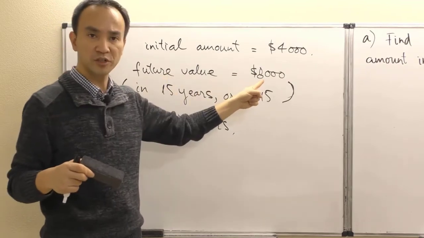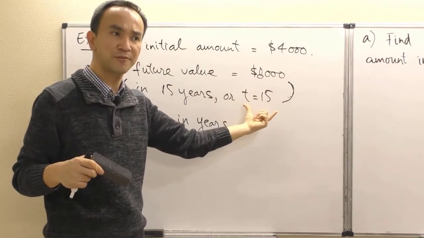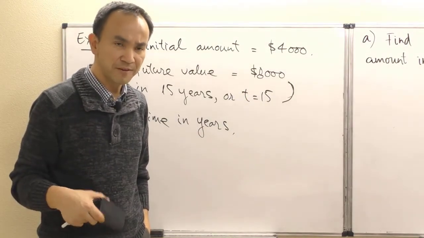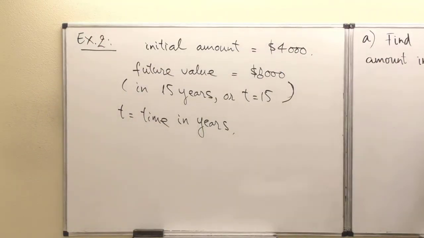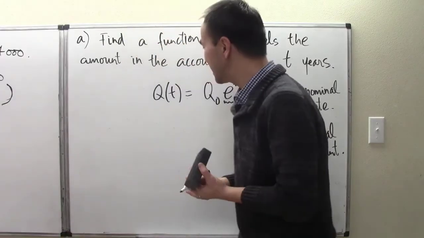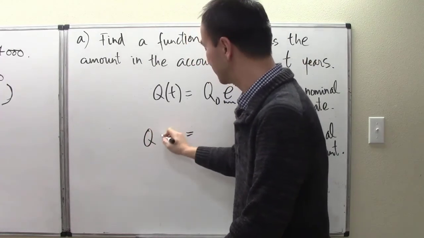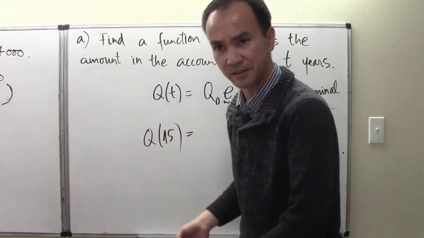This is a future value. But we reach that value after 15 years of continuous compounding. So that means, in other words, in 15 years the quantity is notationally Q of 15.